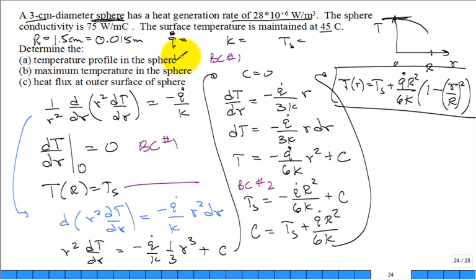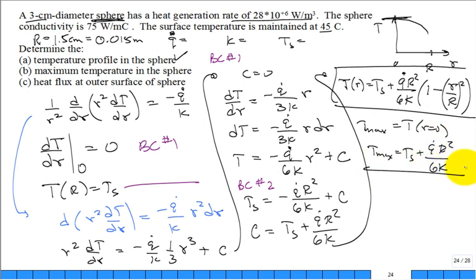Where's the maximum at? Center. And so T max is T at r equal to 0. So T max is simply Ts plus q dot R squared divided by 6k. Solve for part B. What is the heat flux at the outer surface of the sphere?